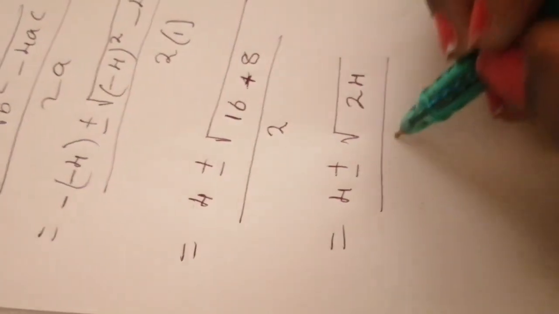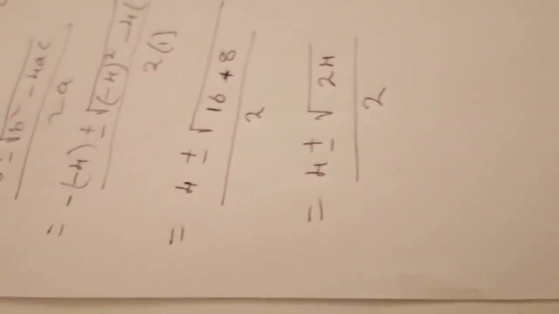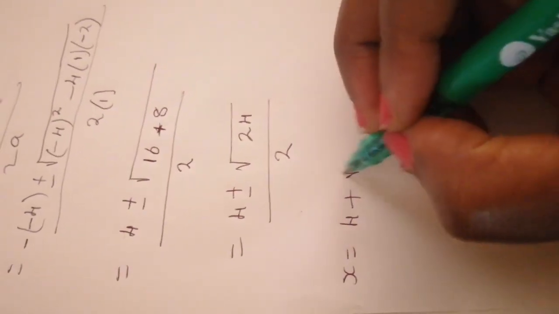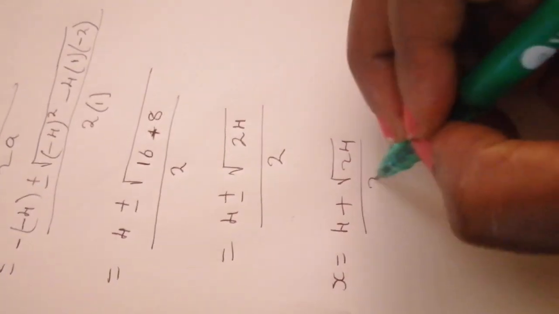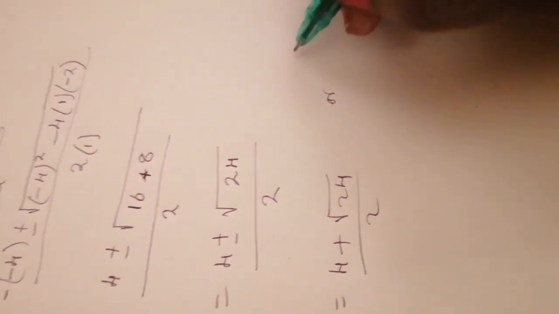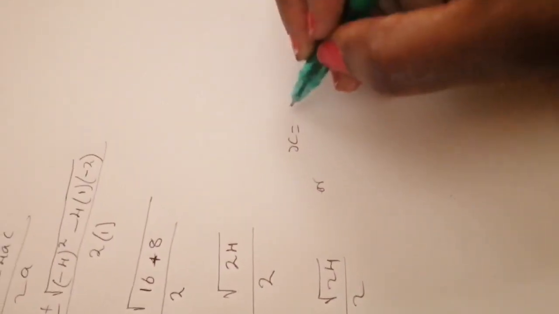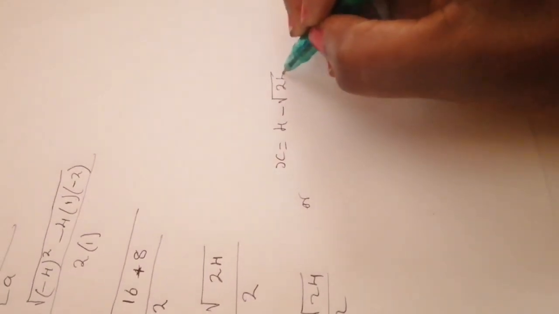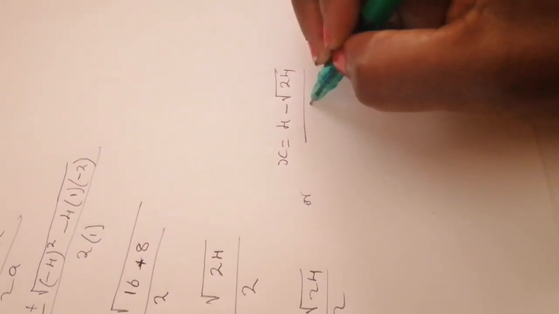Okay, everything over 2. So we can separate them. We need x to be 4 plus square root of 24 divided by 2, or x should be equal to 4 minus square root of 24 divided by 2.